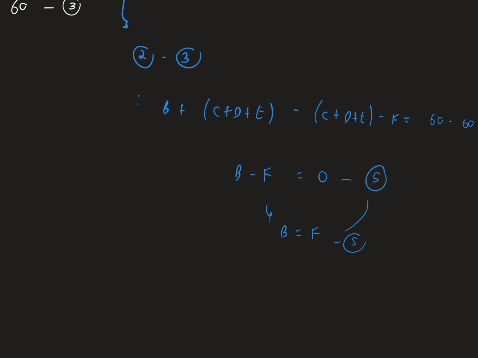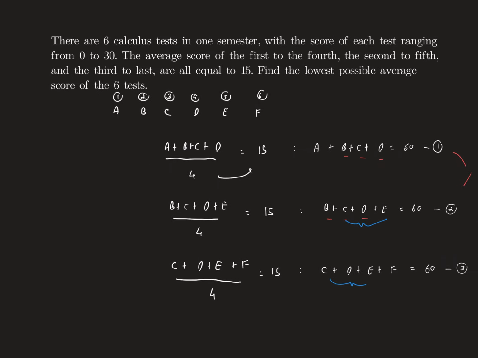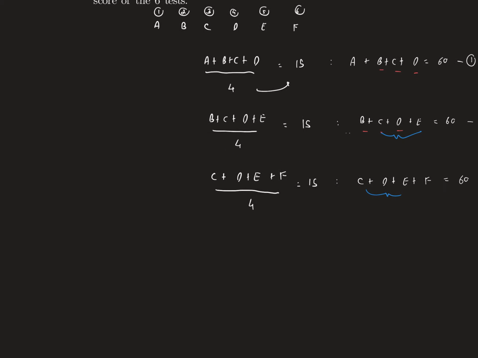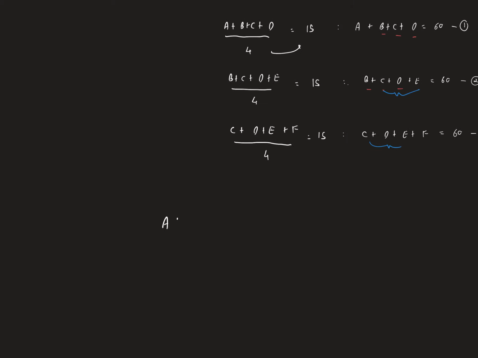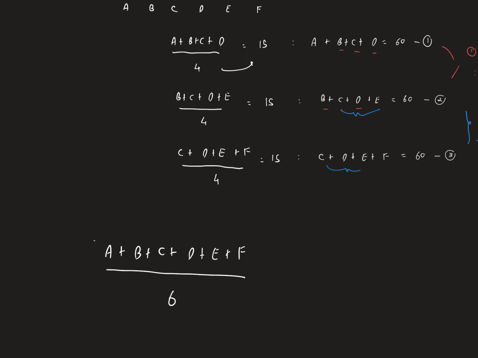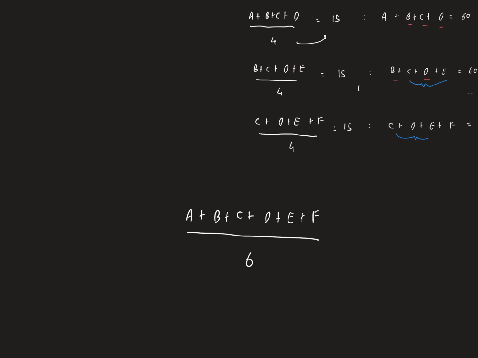Well, all right, so let's look at what the question really asks us. It asks what's the lowest possible average test score of the 6 tests. So it asks what is the minimum value of A plus B plus C plus D plus E plus F divided by 6. So we already know from the first equation that A plus B plus C plus D is 60, and that number cannot be changed because it is a constant value that the question gives us.